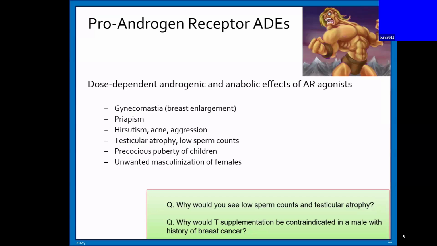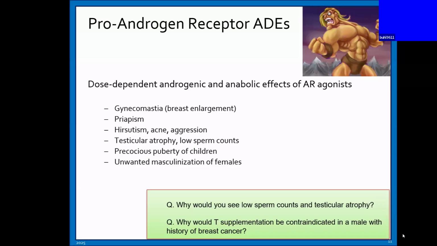So if you're giving DHT only, you may not have as many ADEs, but you'll still have the ADEs that came with the DHT. If you give T, you're going to have all of the ADEs. I'm going to call it just AR agonist ADEs, which are both androgenic and anabolic effects. You can have gynecomastia.